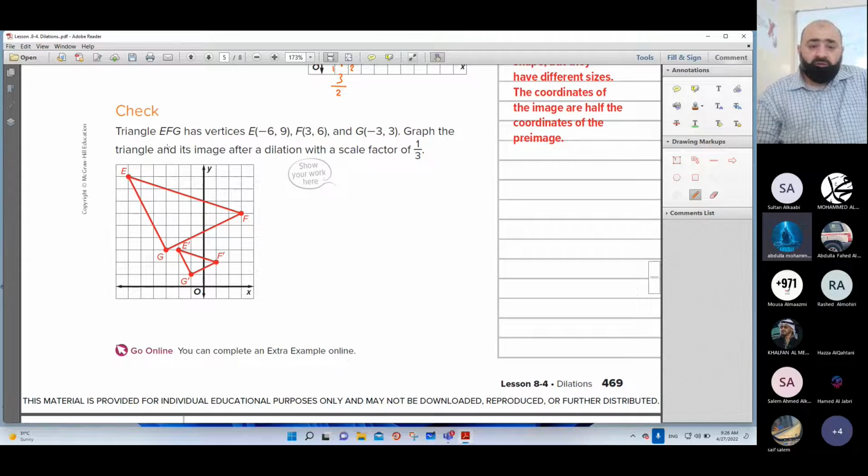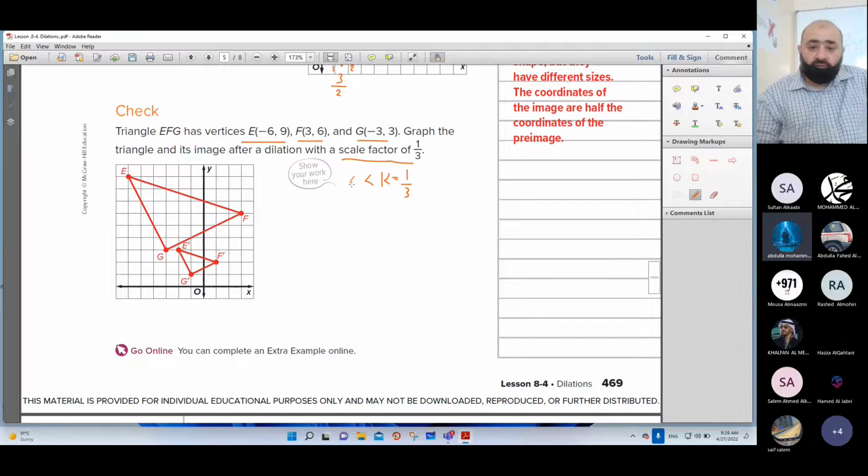Triangle EFG has vertices E, F, G. Graph the triangle and its image after a dilation with a scale factor 1 over 3. As you see, k equals 1 over 3.